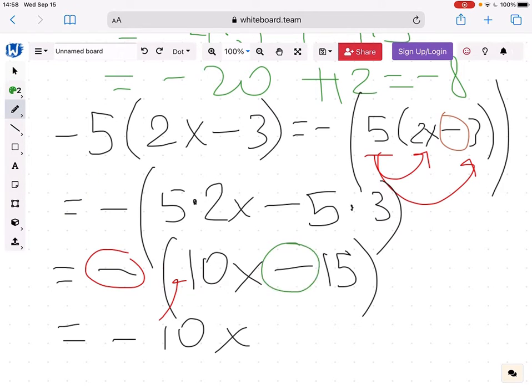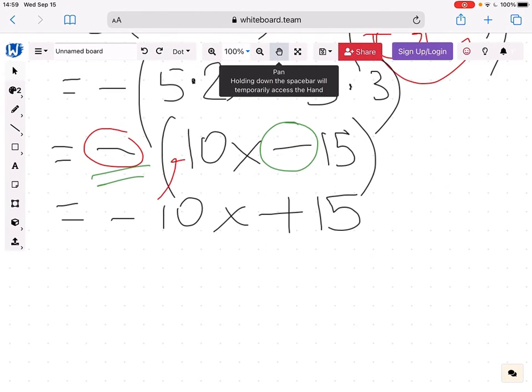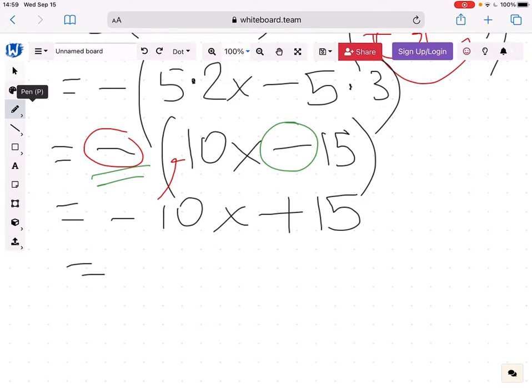Minus and minus give us plus, so we get plus 15. So that's it. If you don't like this negativity in front, you can change the order of the terms and get 15 minus 10x, if you so desire. All right?